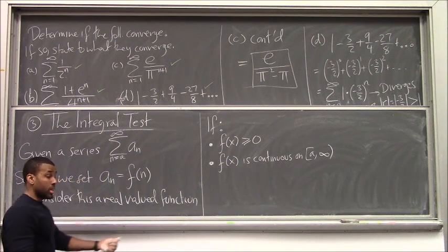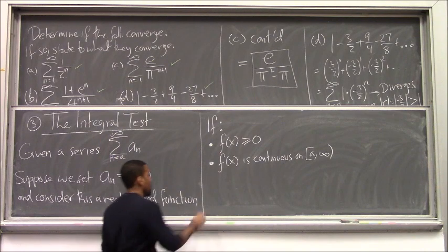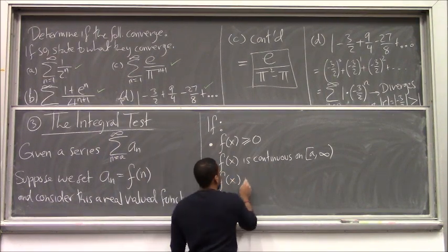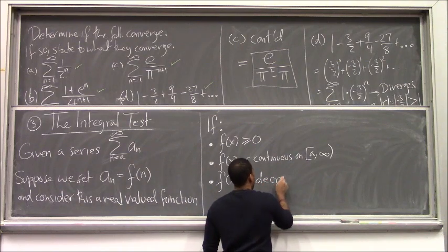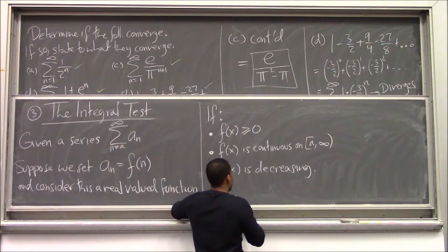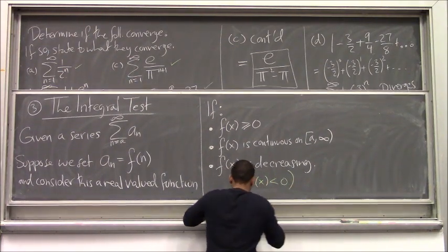So it's always non-negative. It is always continuous for all these values. And next, f of x is decreasing. Now, of course, remember what it means to be decreasing. It means the derivative is less than 0.